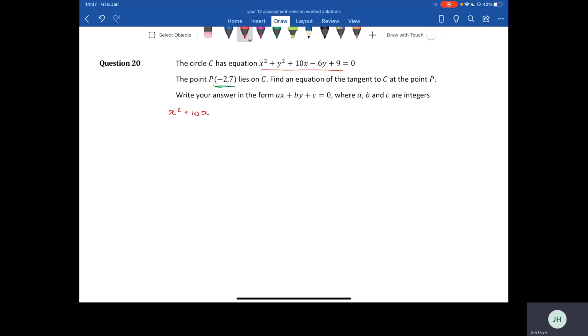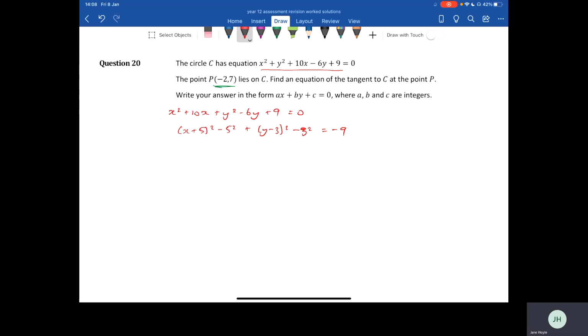So I've got x squared plus 10x plus y squared minus 6y plus 9 is 0. So I want to halve the x coefficient, subtract the 5 squared, half the y coefficient, subtract 3 squared. Put the 9 on the other side.